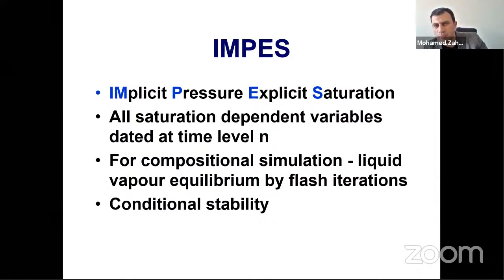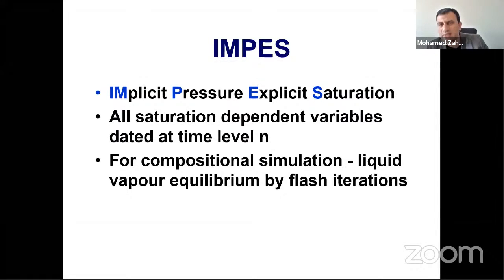If you use explicit saturation and explicit pressure, the solution will not be accurate because you are using the pressure and saturation of today to calculate all the parameters, which are changing over time. That's why the explicit solution has the lowest accuracy, but you can calculate it quickly and easily, in very small time steps.